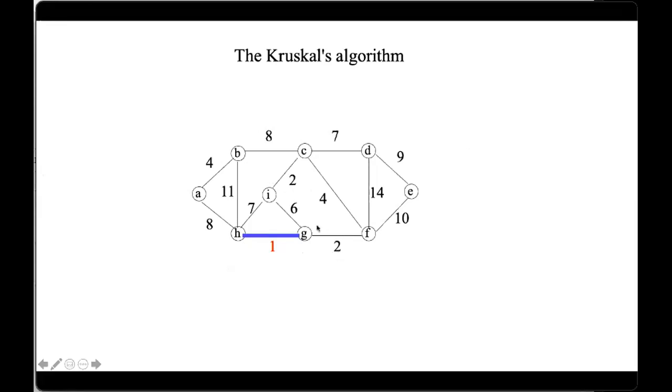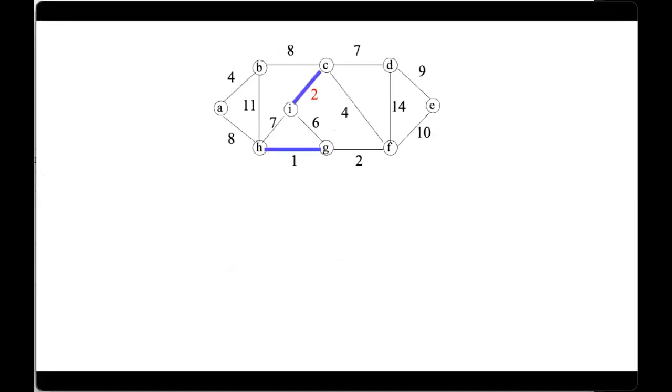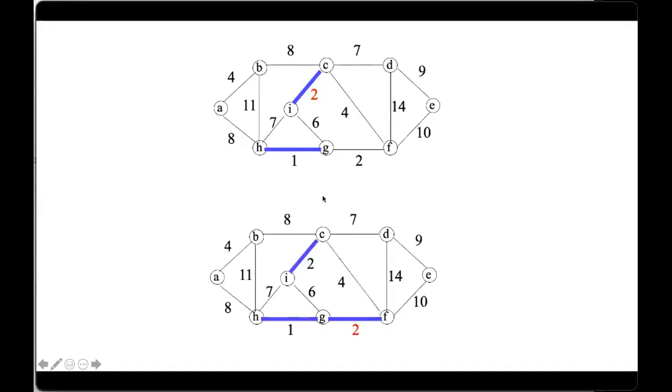We are talking about edges here, not the vertices. So I will select an edge here, I to C, with weight 2. Next minimum cost edge is this 2 itself, F to G. It is arranged in ascending order, so the next minimum cost edge is this one, G to F, so I will select that one.